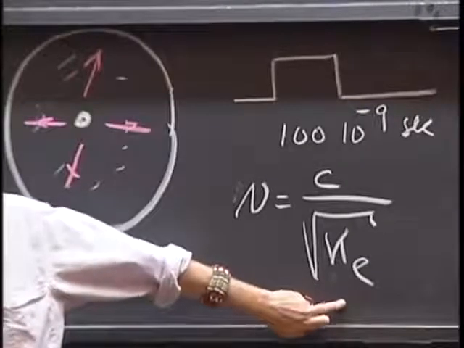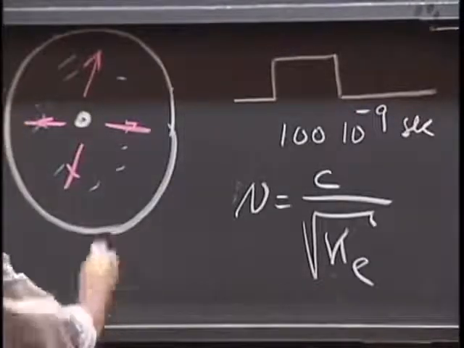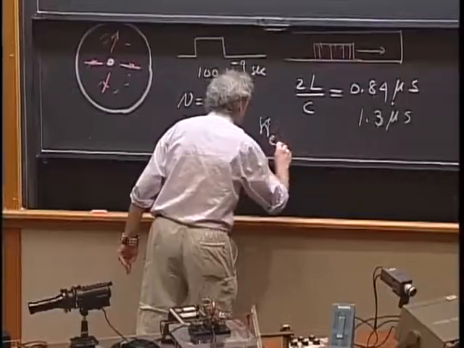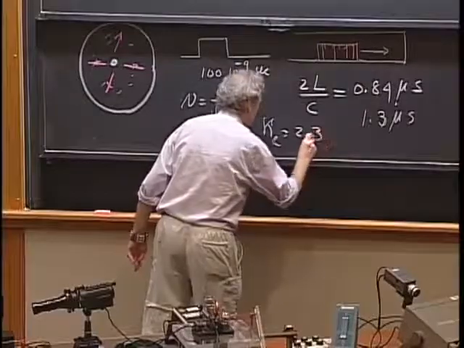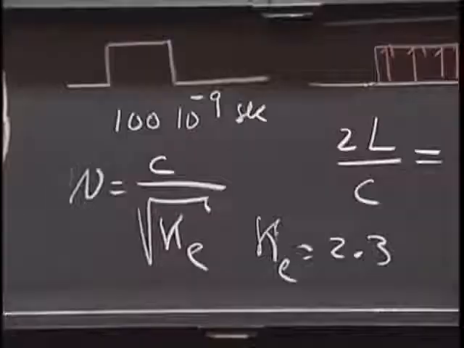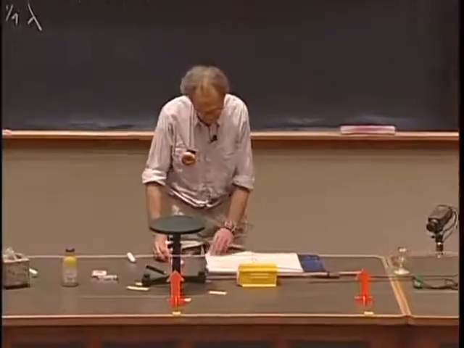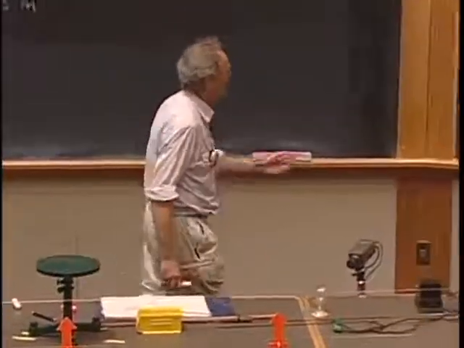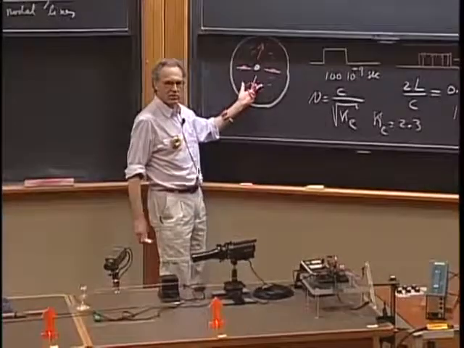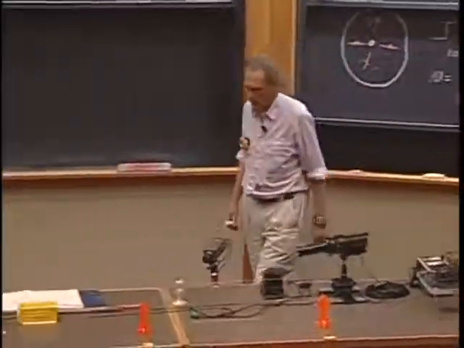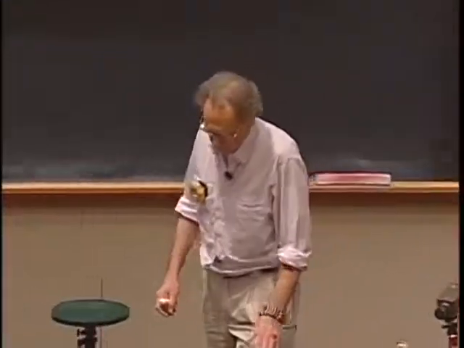Well, when I looked up the dielectric constant of the material that is in here, I found that the dielectric constant, kappa E, is about 2.3. And if you calculate 1 divided by the square root of 2.3, that happens to be 0.65. And so that's why the speed is 65% of the speed of light. So you see also the effect of the dielectric constant here, which is quite wonderful. Remember, the square root of kappa E was also called the index of refraction.